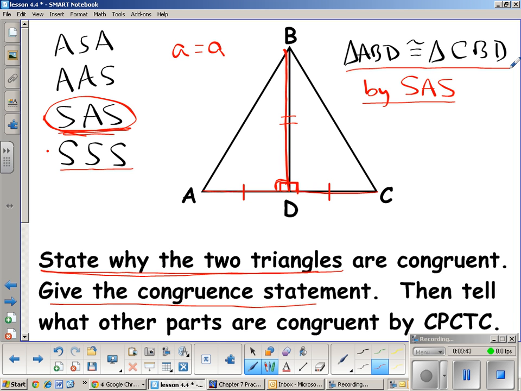What if I would have said triangle BDA? Sorry, that's a funny looking D. BDA. What's that congruent to? BDA would be congruent to BDC. Yep, BDA.